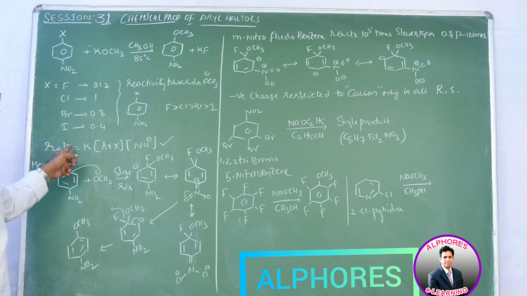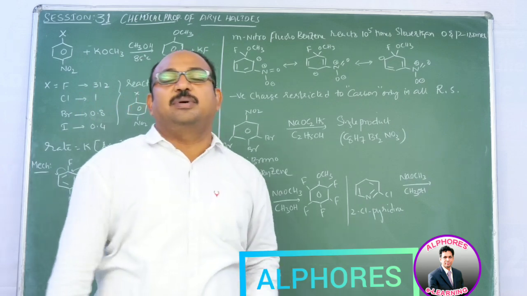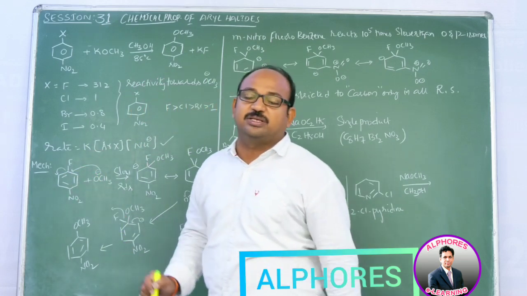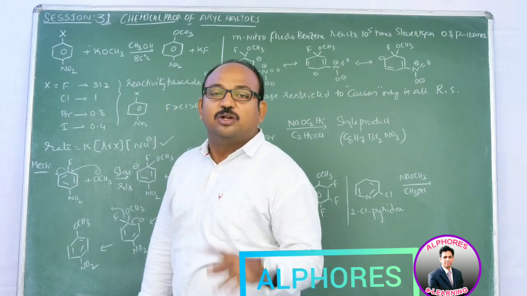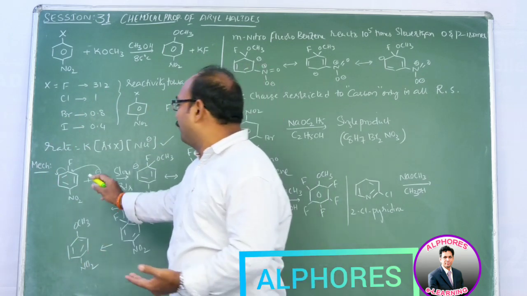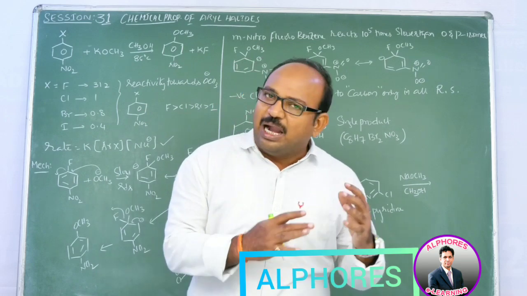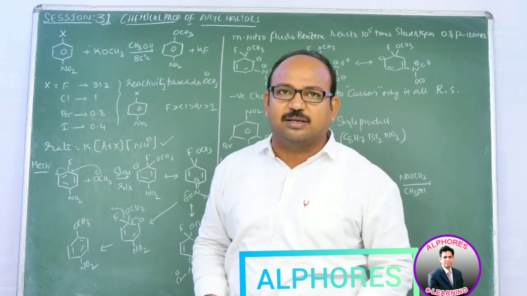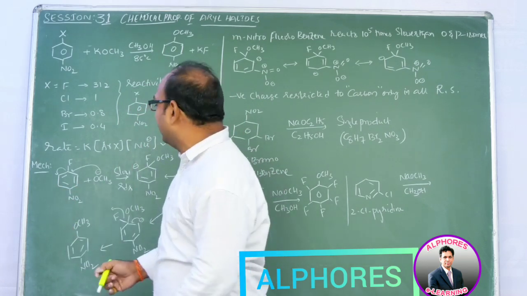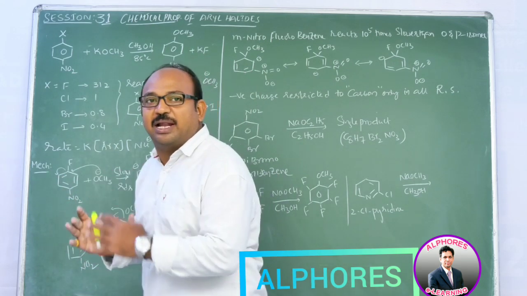It will attack the fluorine-containing carbon or chlorine-containing carbon, or simply the leaving group-containing carbon. Basically the benzene ring is electron rich, and it generally does not facilitate attack by a nucleophile. Because the nucleophile is electron rich and the benzene ring is also electron rich, upon one electron-rich ring another electron-rich species cannot attack. But here the NO2 group facilitates that. That's why OCH3 minus approaches the benzene ring.